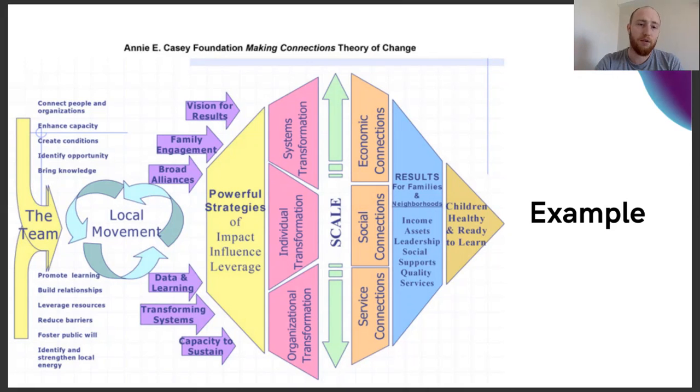For instance, if you do capacity building for a certain target group and improve family engagement of these families, it leads to individual transformation, which leads to improved social connections, which also leads to improved incomes and assets of these people. And as a final long-term outcome, it can lead to improved children's health and their readiness to learn. But that's a rough explanation of theory of change.